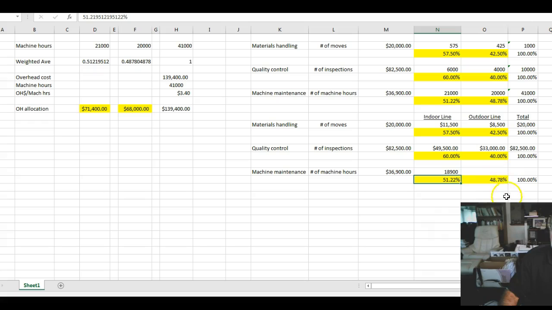And again, we want to make our total cost a constant, and so we can copy that over and check the total.